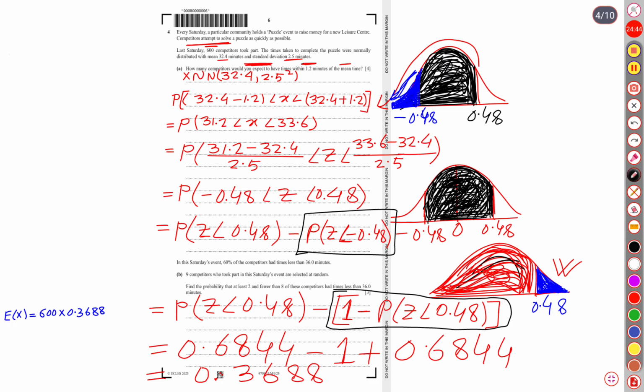So our expected value, if we round it up to a whole number, is going to be 221 point something. So you can write either 221 people or 222 people. Let us write 222 people because it is more than 221 people.